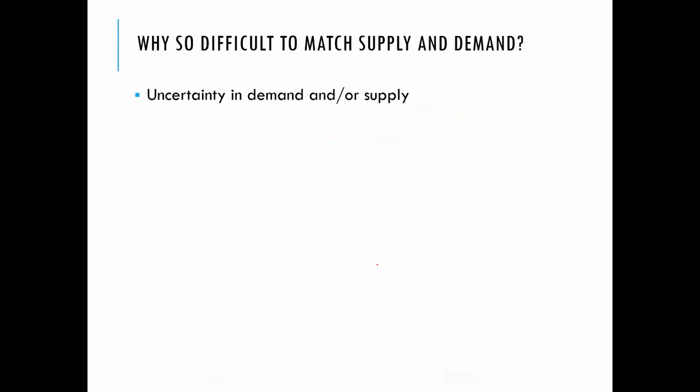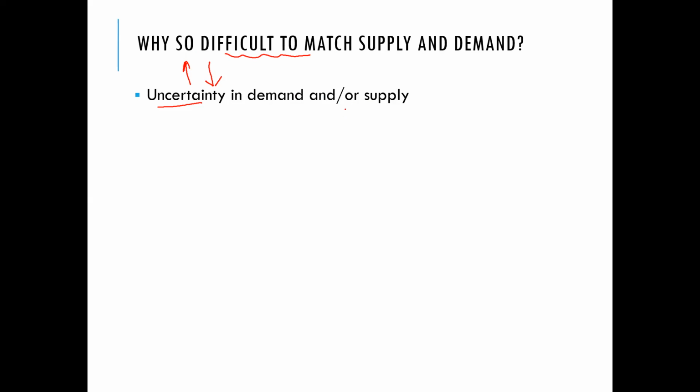Why is it so difficult? The biggest issue is uncertainty. The higher the uncertainty, the more difficult it is to match supply and demand. The lower the uncertainty, the easier it is to match demand and supply.